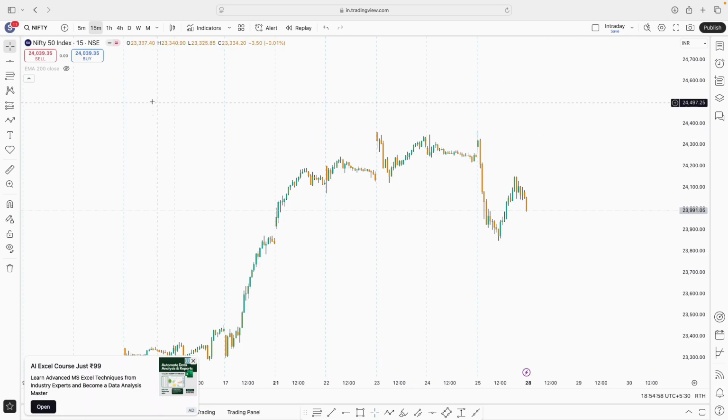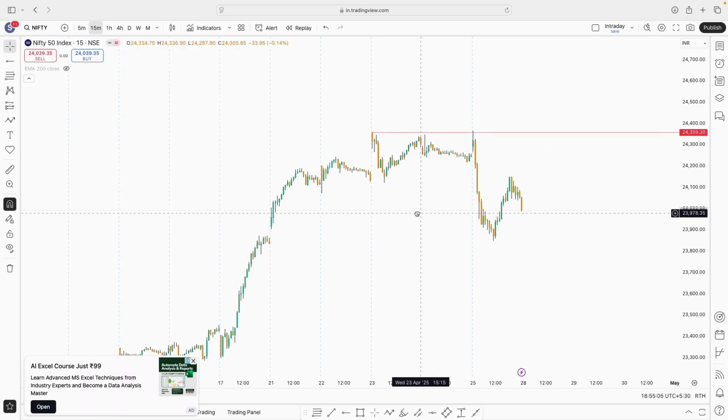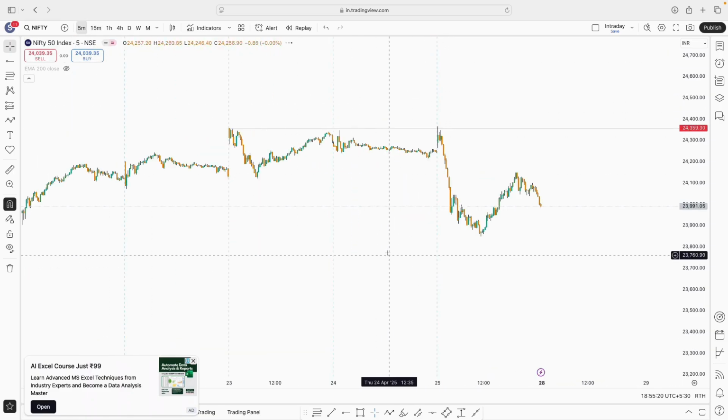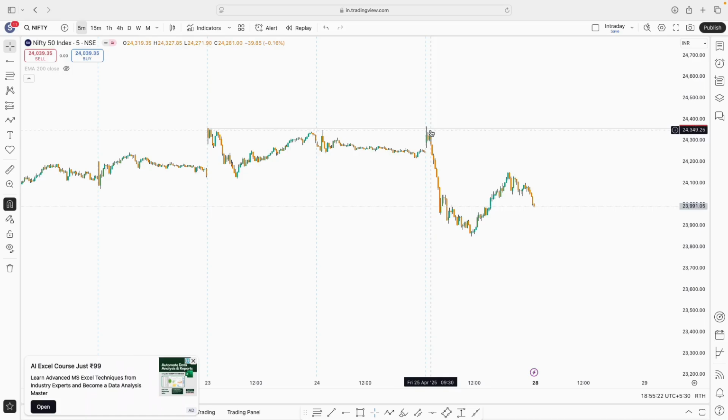The first thing that I'm seeing is that Nifty had created a high over here on 23rd April, and on Friday it tried to break this high, but it failed to do so, and it received a severe rejection from this level. If we go down to the smaller time frame, we can see that it is a case of a failed breakout.